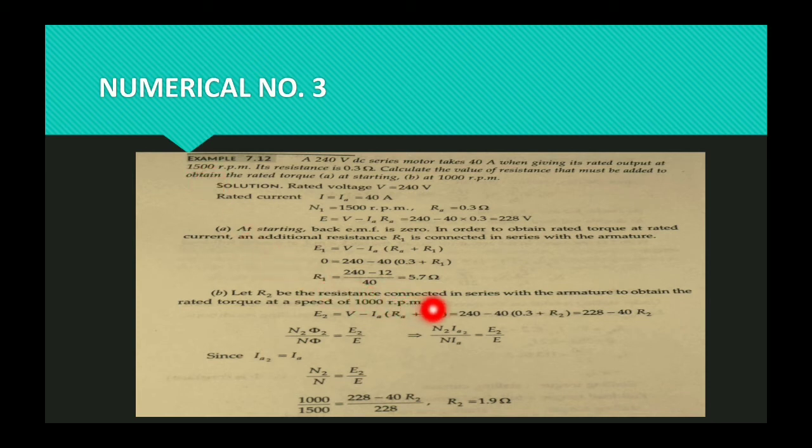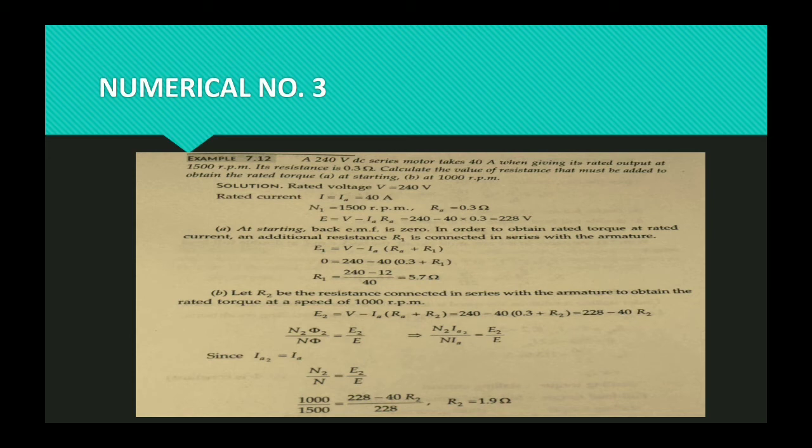So N2 into IA2 by N1 into IA1 equals E2 by E. Since IA2 equals IA1, because the armature current is always the same, 40 ampere, N2 by N1 equals E2 by E. N2 equals 1000 and N1 equals 1500.